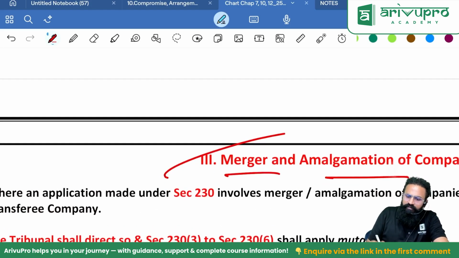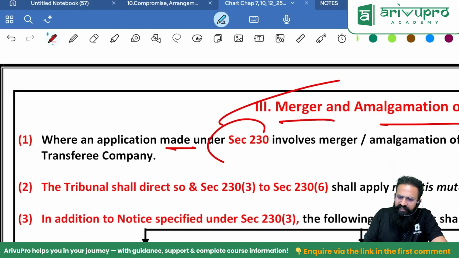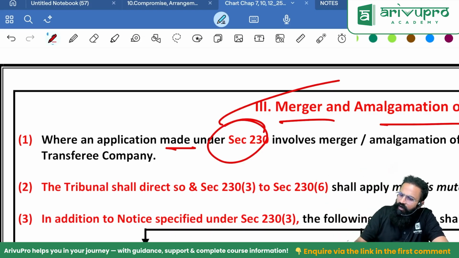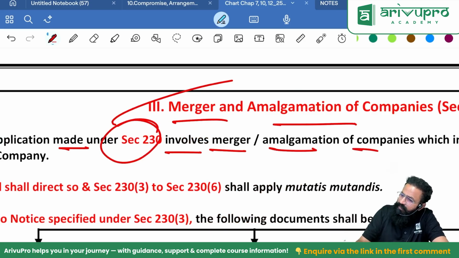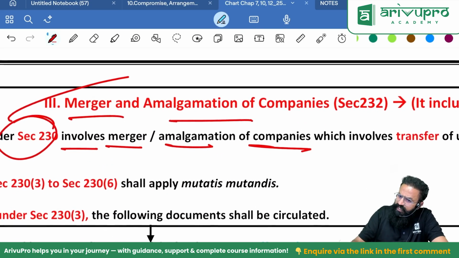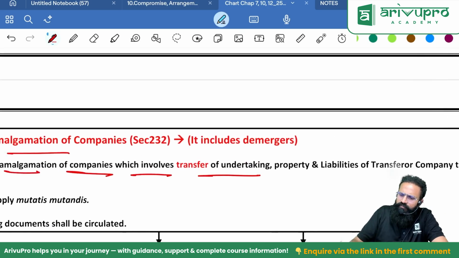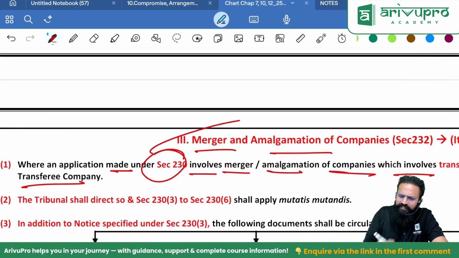Where an application made under section 230 to the tribunal involves a merger or amalgamation of companies, which involves transfer of undertaking, property, liabilities of transferor company to transferee company.